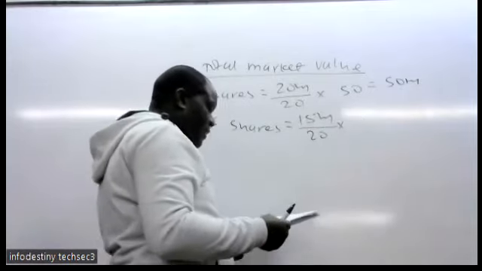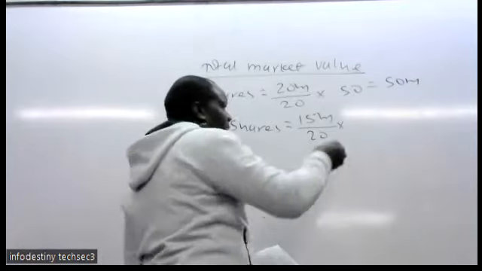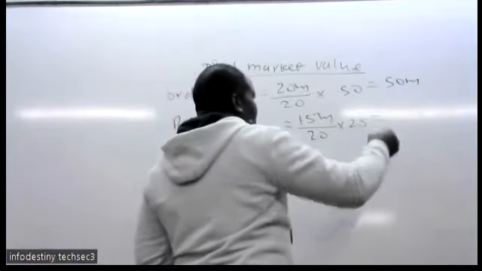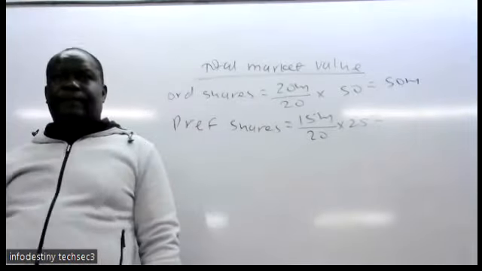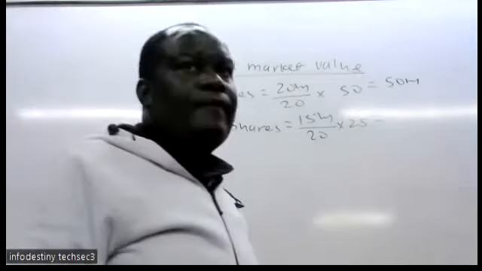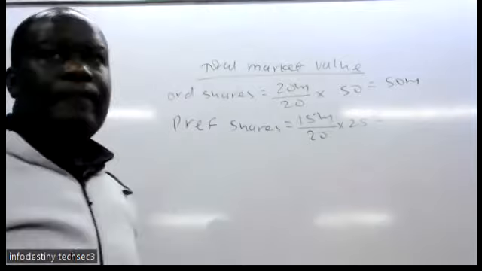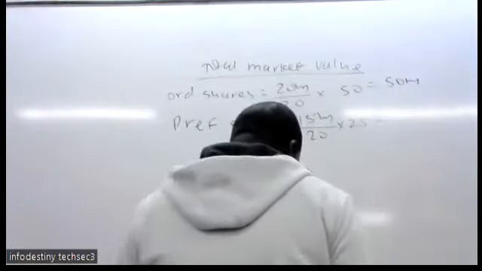Then they were currently trading in note number 5 at 25 shillings. So compute, then give me the figure. 18.75.